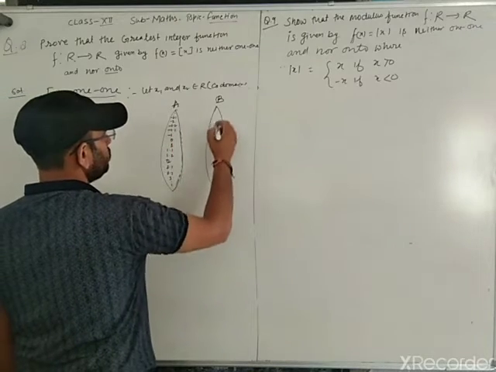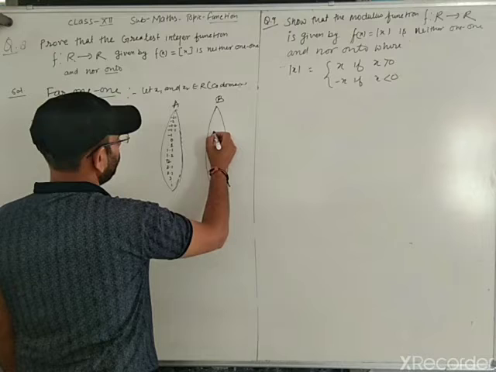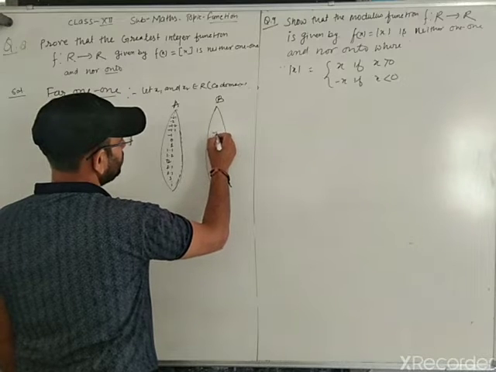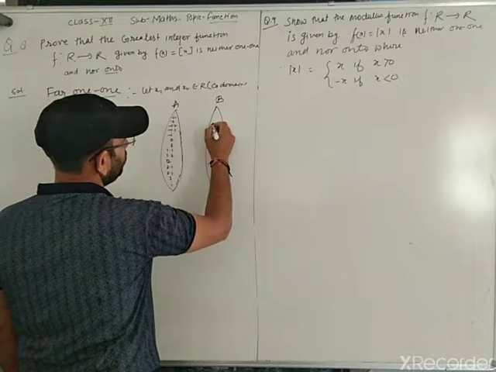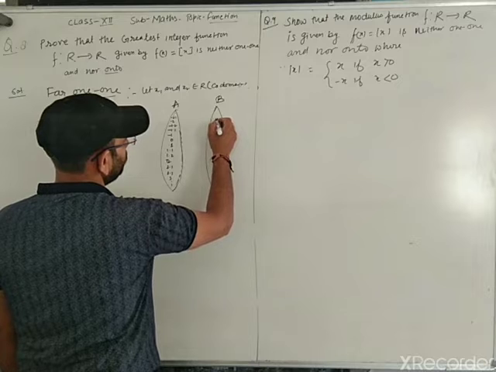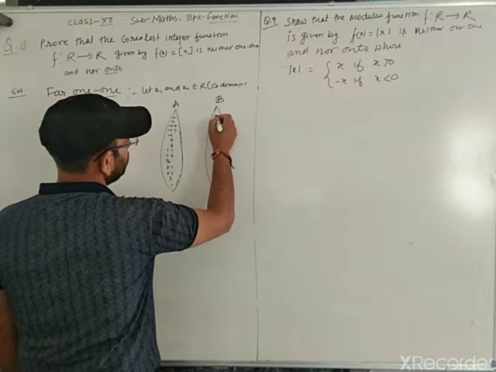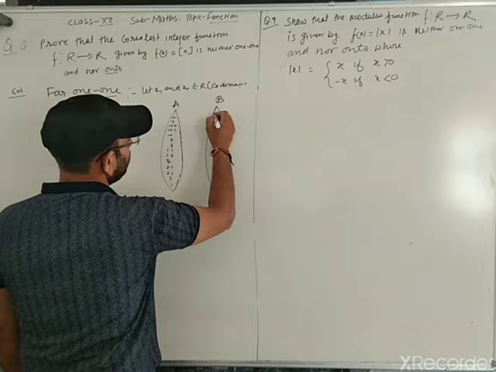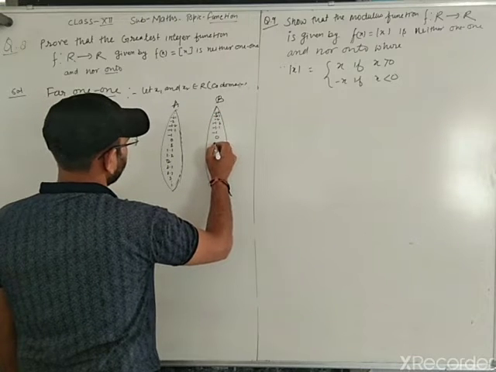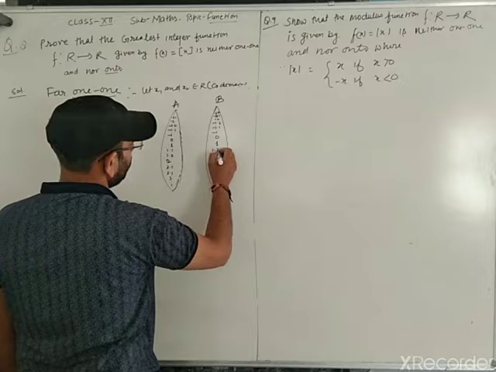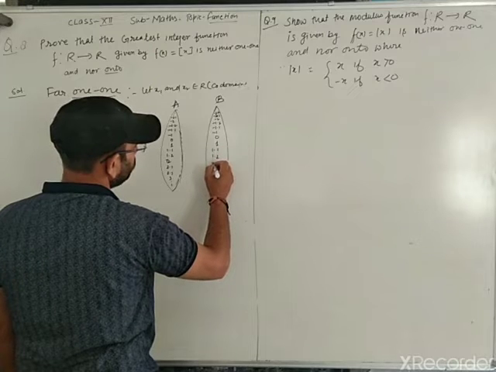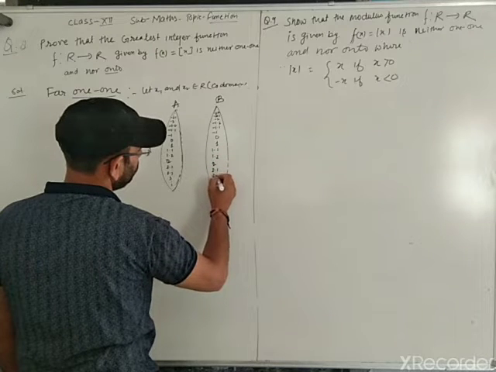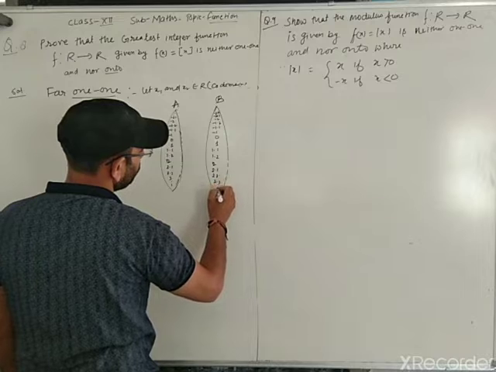So in this also what we have, 0, -1, -1.1, -1.2, -2, -2.1, -2.2, 1, 1.1, 1.2, 2, 2.1, 2.2, 2.3.